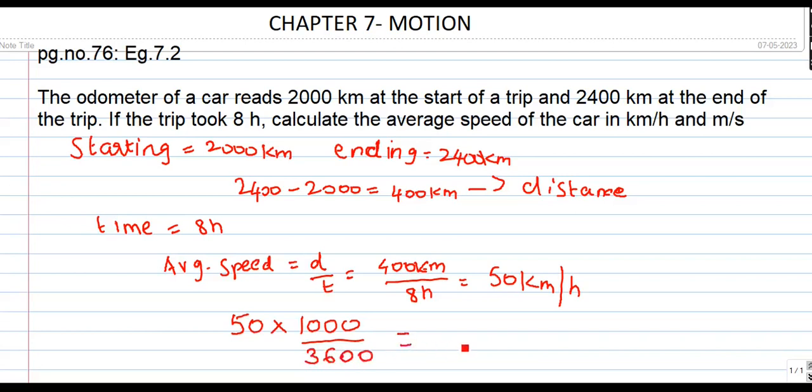So when we do this, we get the answer as 13.88 meters per second. This can be approximated to 13.9 meters per second. So we have the answer in kilometer per hour and meters per second.